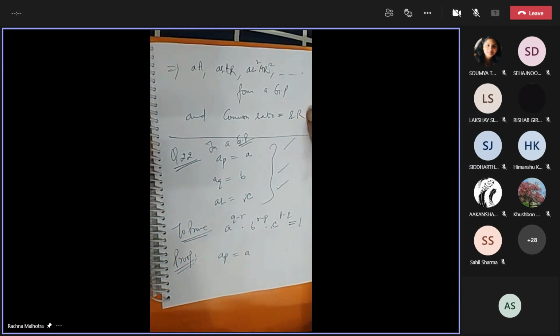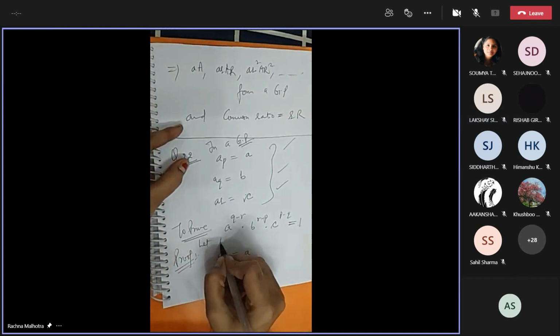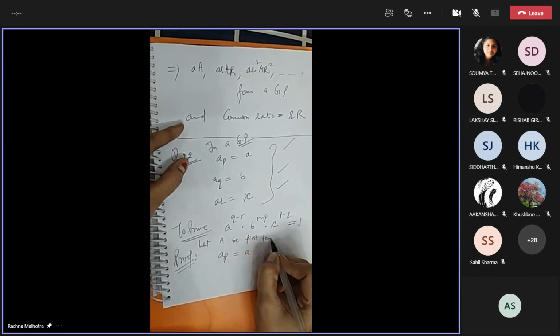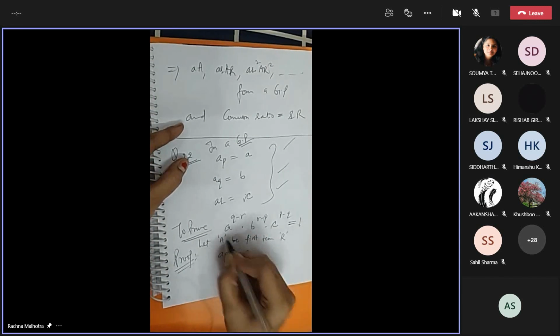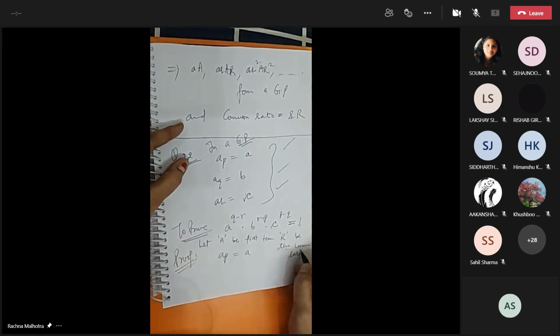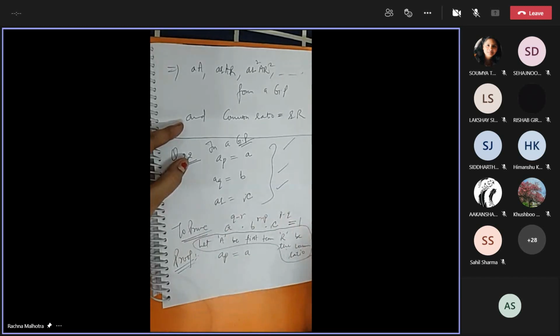So you will just mention here: capital A be the first term, and capital R be the common ratio. First you will explain this one.